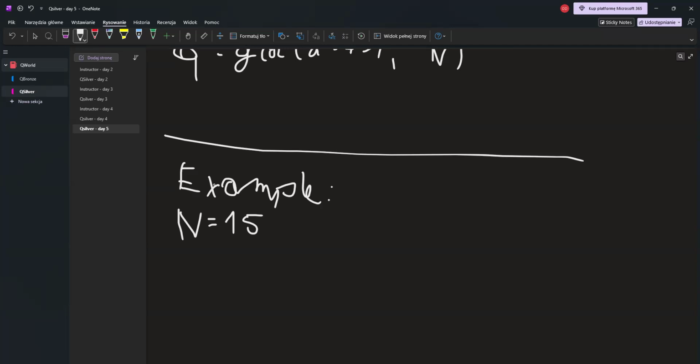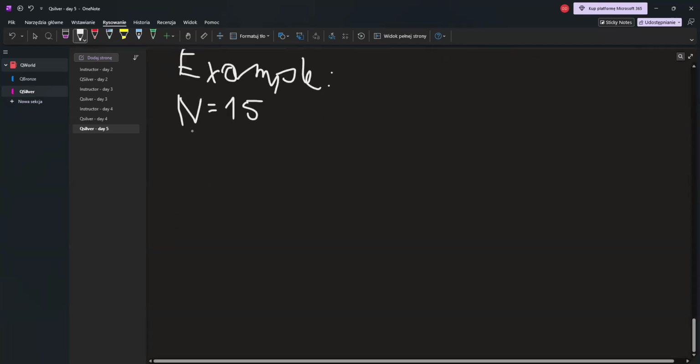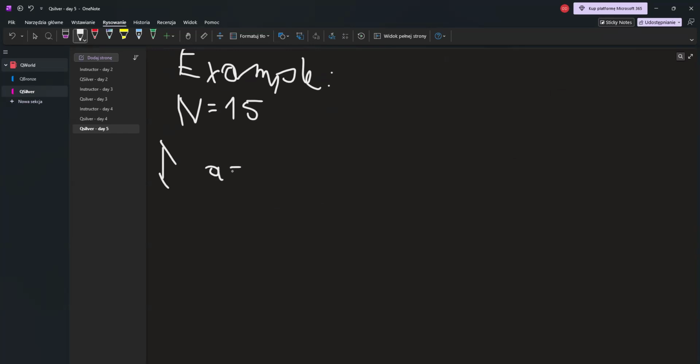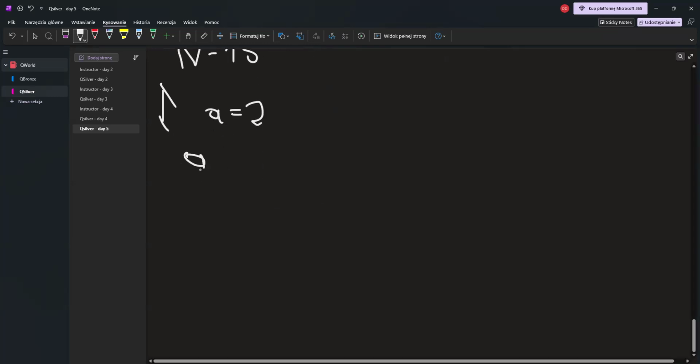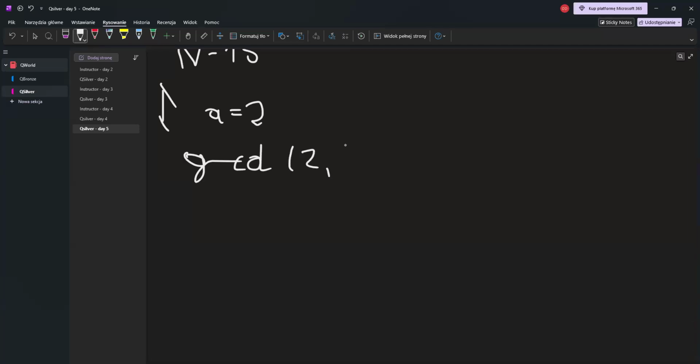Okay, so let's start. First of all, we have this n and we need to pick a randomly. Let's say that we pick a equal to 2 randomly, yes? So we calculate the greatest common divisor for 2 and 15.